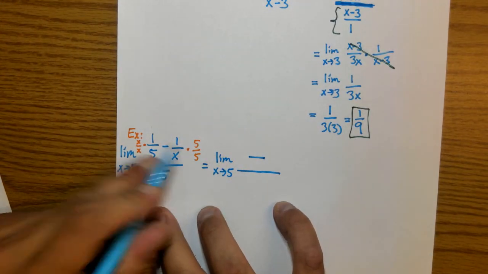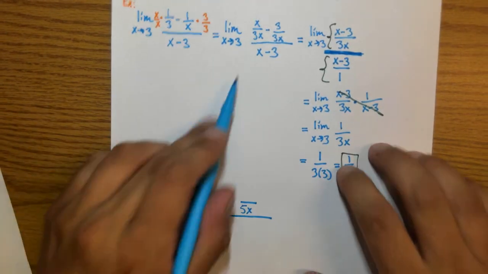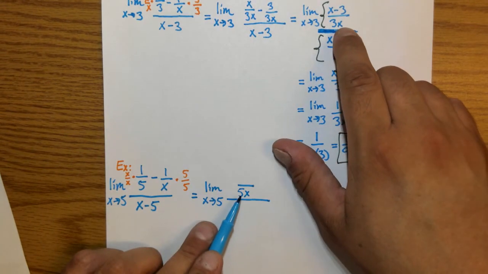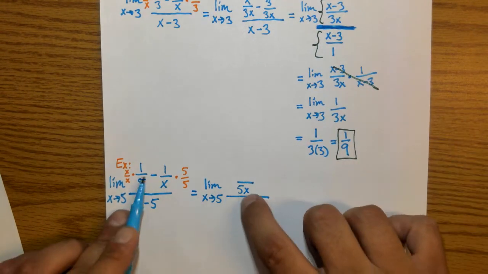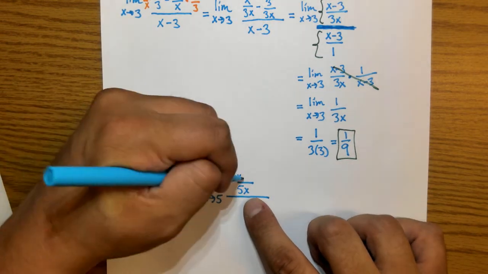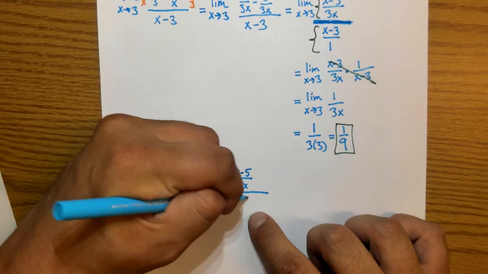Just like up here, when we had 3x and 3x, I'm just going to take a shortcut and simplify this to 5x. And the top is going to be 1 times x, which is x, minus 1 times 5, which is 5, all divided by x minus 5.